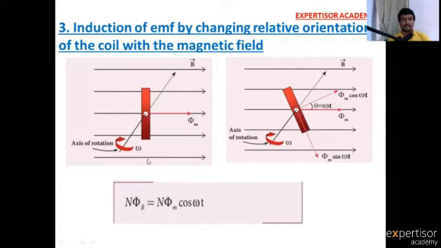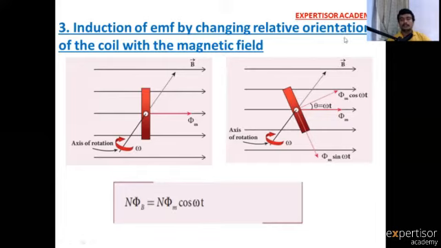This is the rotation direction of the coil. Here omega represents angular velocity. This is the axis of rotation. With a small rotation, this maximum flux is split into two parts, a horizontal part and a vertical part.